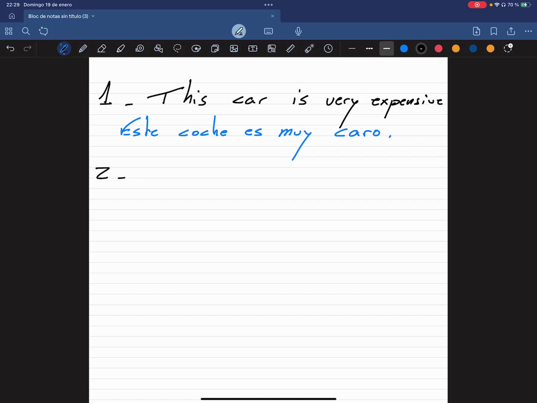Sentence number 2. Maria is in the countryside now. We are talking about a location. We are talking about where Maria is at the moment.